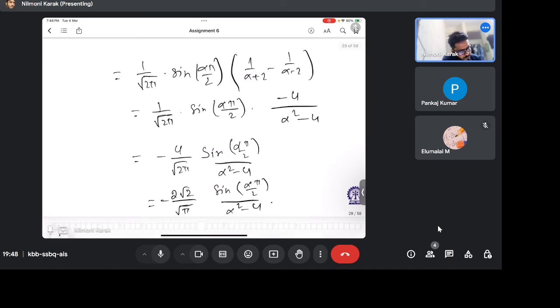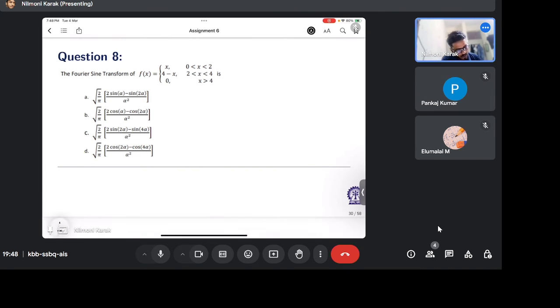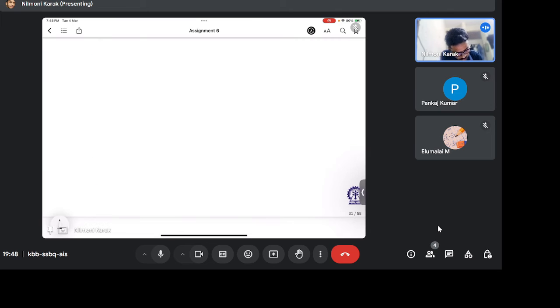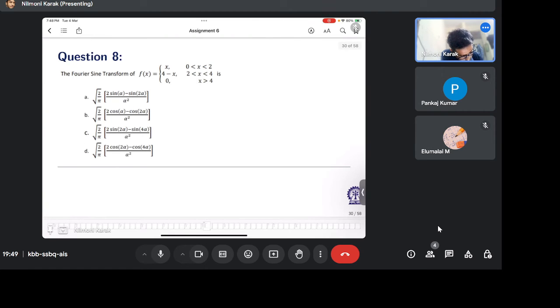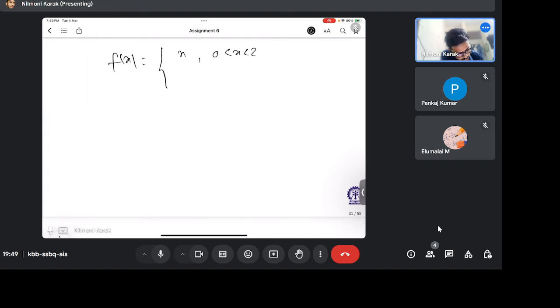Next problem. The Fourier sine transform of f(x). Simple, you just have to calculate. f(x) is given as x for 0 less than x less than 2, 4 minus x for 2 less than x less than 4, and 0 for x greater than 4.